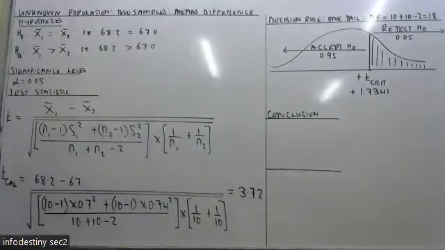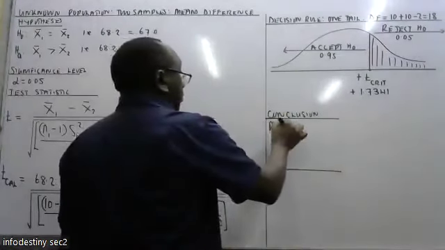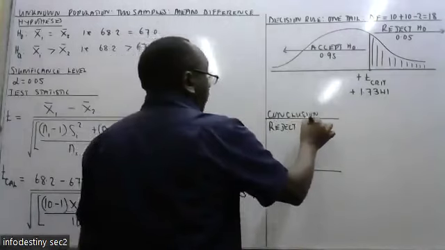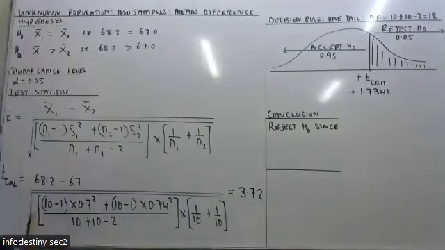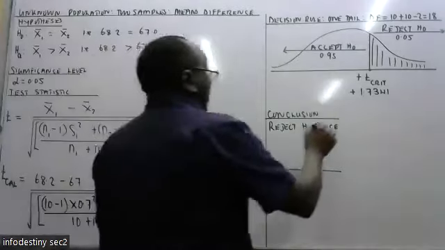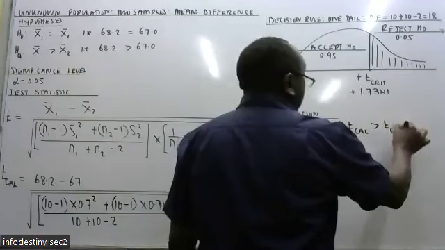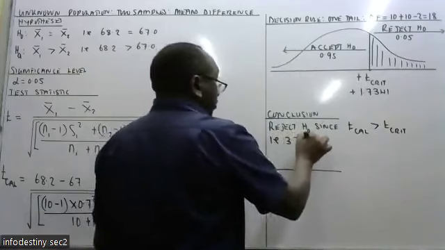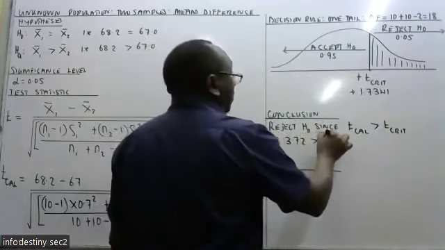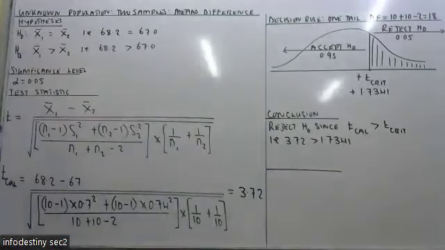So conclusion is we should reject null hypothesis since T calculated is greater than T critical. That is 3.72 is greater than 1.7341.